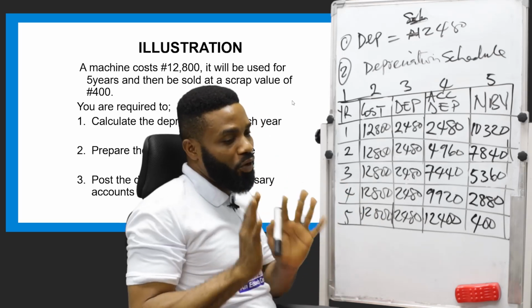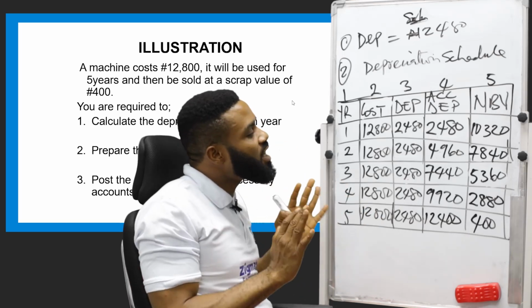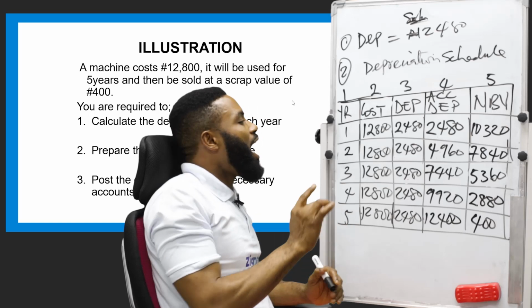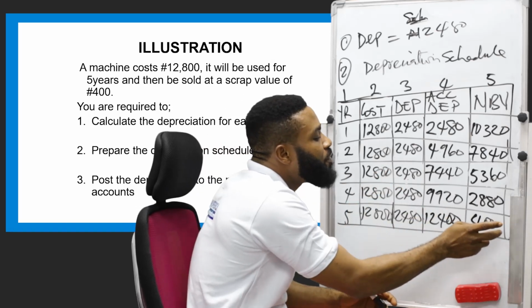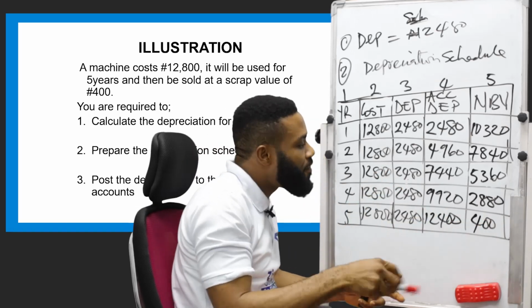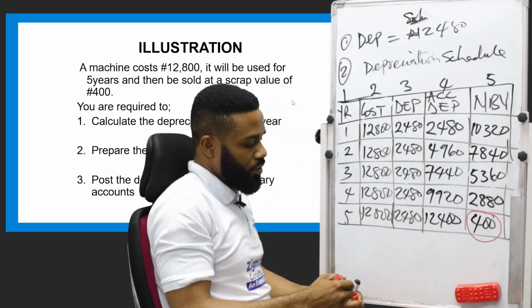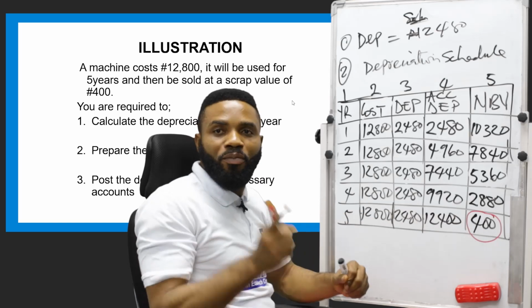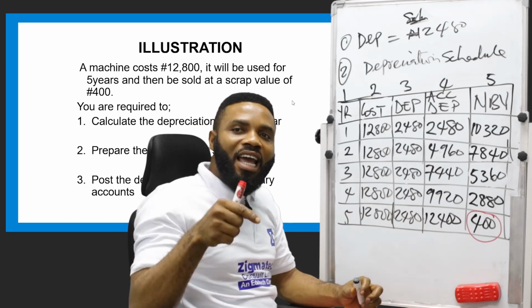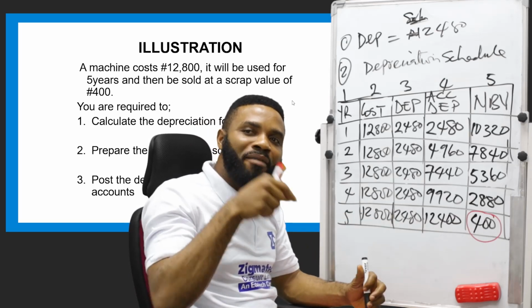That's the first thing I want to point out. Now, the second thing is that at the end of the 5th year, the value you have here will determine if your work is correct or not. You can see from the question they said that it will be sold at a scrap value.